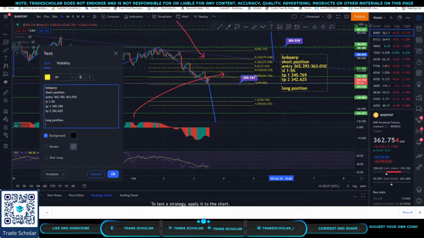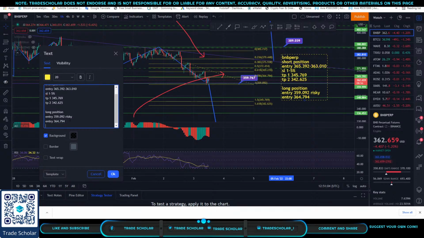Okay. So for long position, our entry will be 359.09. And another, this one is risky, okay? Another entry will be in the yellow, 364.79.